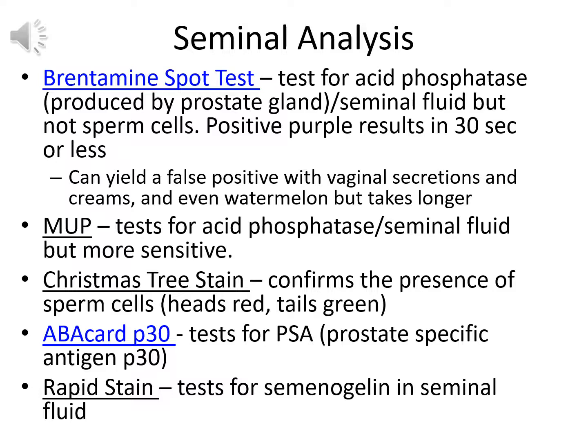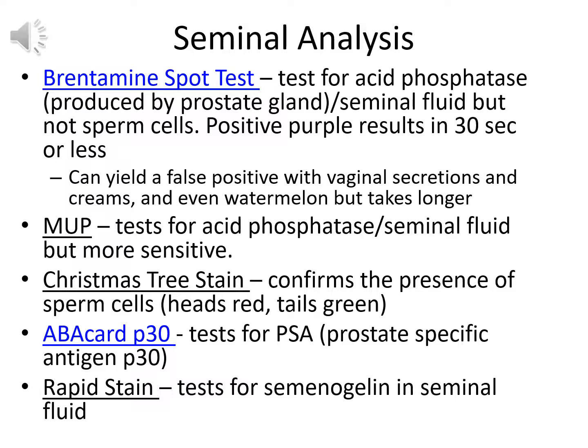This test would give a positive purple result in 30 seconds or less, but it has some drawbacks, and those are the false positives. Vaginal secretions can give a false positive, some contraceptive creams, even watermelon could give a false positive, but all of these would take much longer than the positive result for semen. So it's still a good test, but it does have its drawbacks.